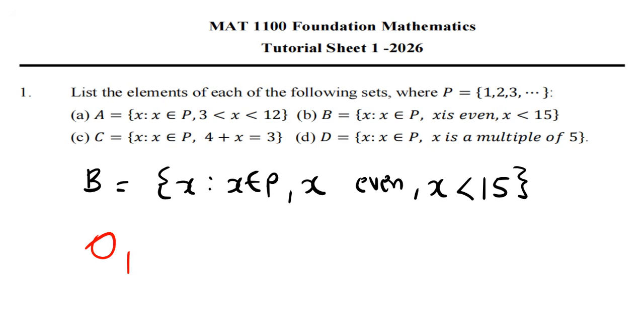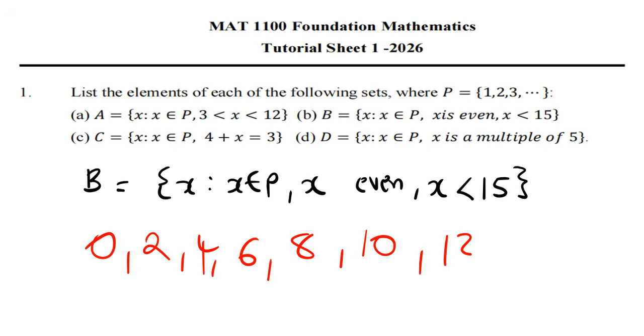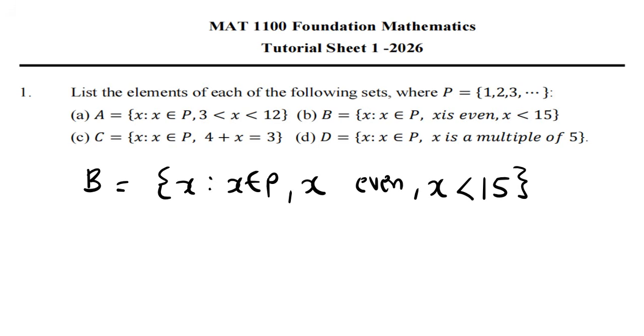We've got 0, 2, 4, 6, 8, 10, 12, like that. These are the even numbers that we're supposed to consider. Now, from that list, which ones are going to be less than 15?